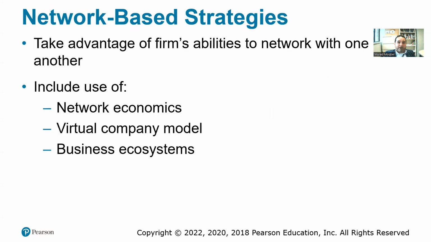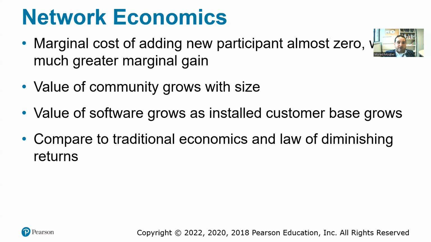So network-based strategies, let's look at each one of those. So network economics. What we mean here by a network is when we have more nodes or entities in that network. For example, in the phone industry, if more people have phones, that means the network gets larger, then actually that's more profitable because the more users there are, the more beneficial it is.